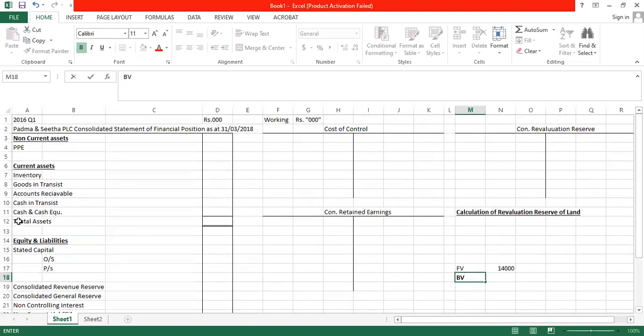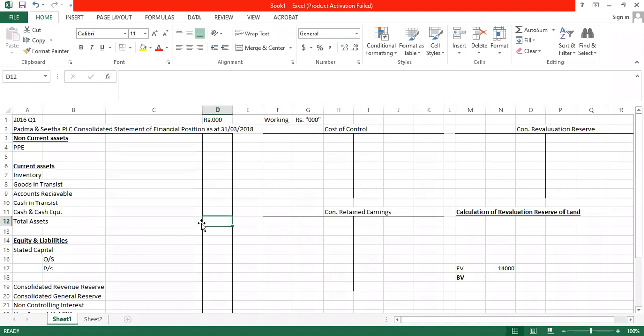Now this is the total assets. In every balance sheet, you can see the total assets here. From the total assets, you have to deduct total liabilities.